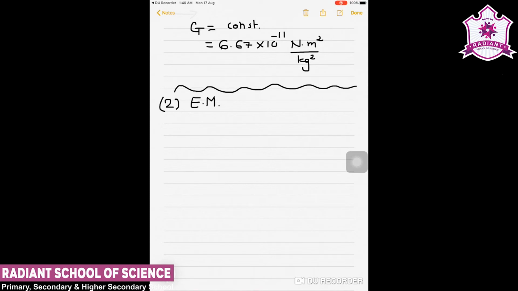This force is also a universal force, and it is acting between electric particles, or electrically charged particles.